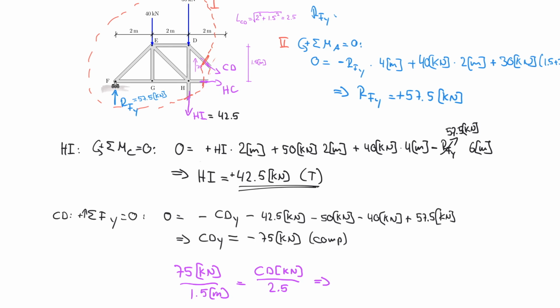And therefore CD is equal to 75 kilonewton divided by 1.5 multiplied by 2.5.